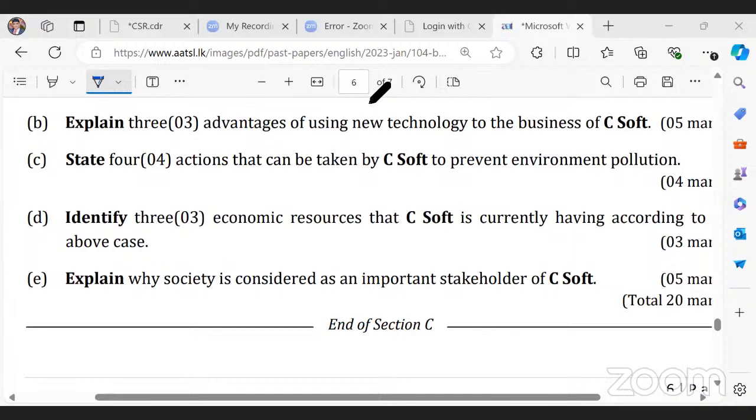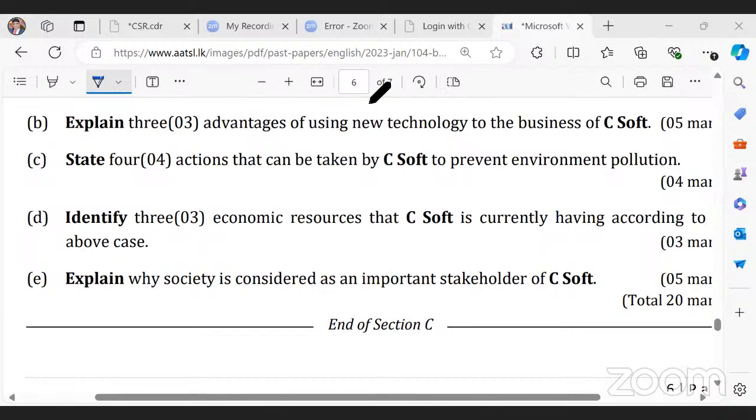Now, this particular company operated in the society. Then definitely they are obtaining certain resources from society. Then other thing is they have direct relationship with the society, and they have responsibilities towards CSR, actually corporate responsibilities towards the society.